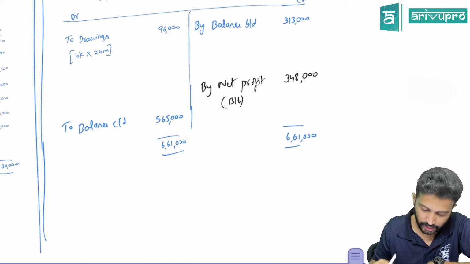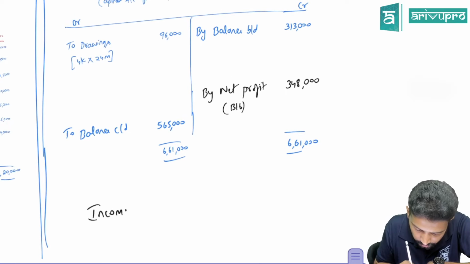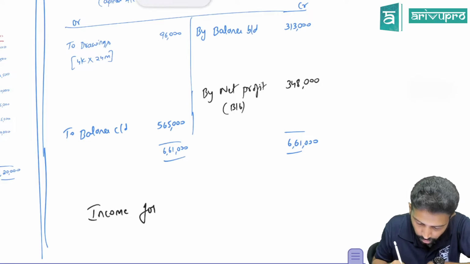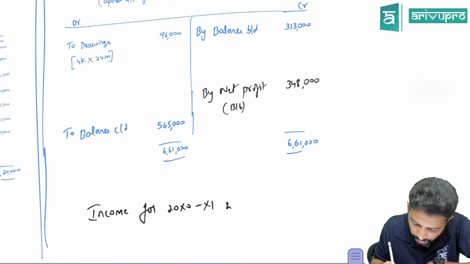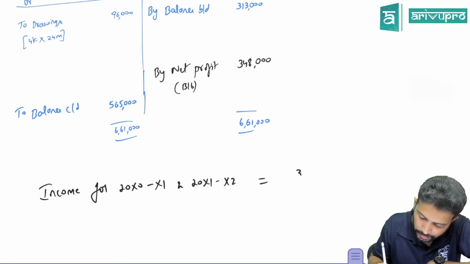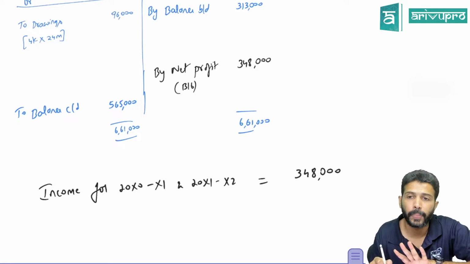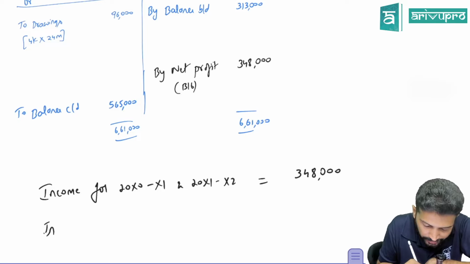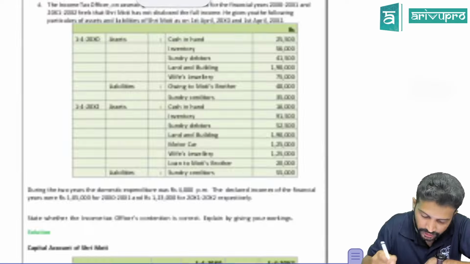So let's see. What is the income for 2 years? Income for 20x0, x1 and x1, x2. For these 2 years put together, what is the income that should have been declared? 3,48,000. Correct, no? But what is the income declared? They've given in the question. Check.